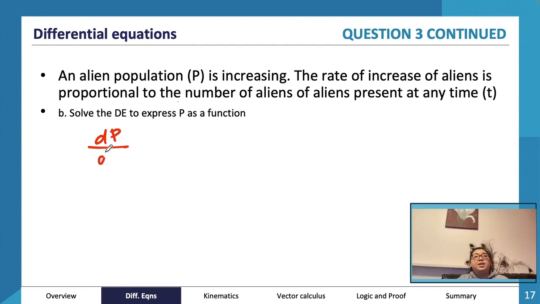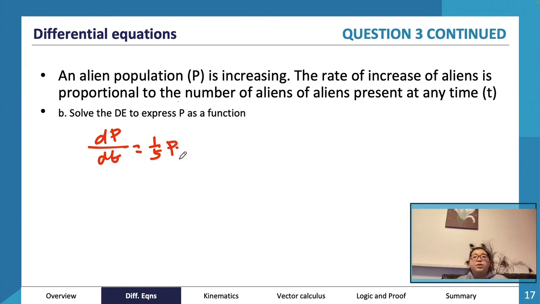So your dp/dt is going to be equivalent to 500 times k, or your p times your 500. Initially it was 500, and so it would have been 1/5 of p.